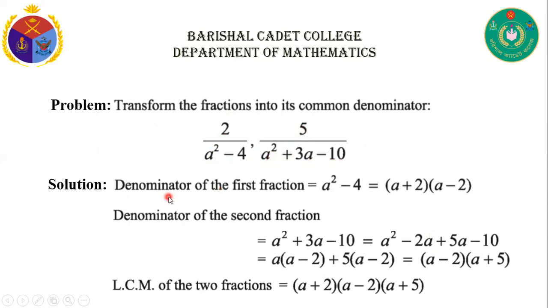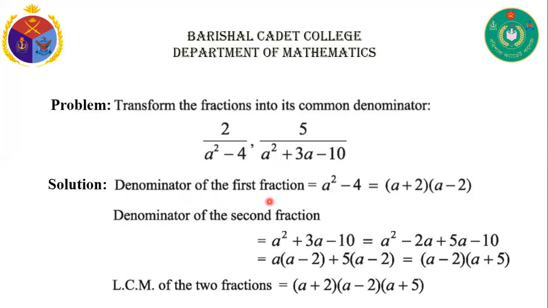Again, we have two fractions, and the denominators are not in factorized form. So we have to first factorize the denominators.